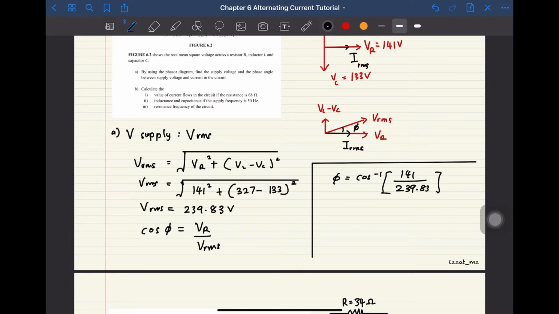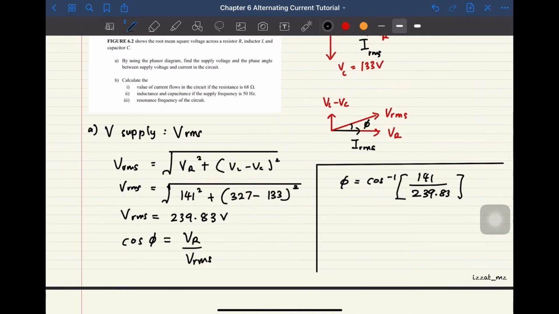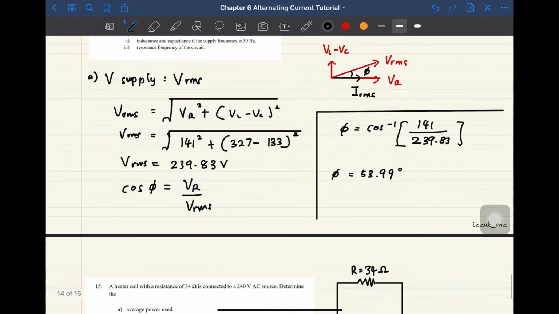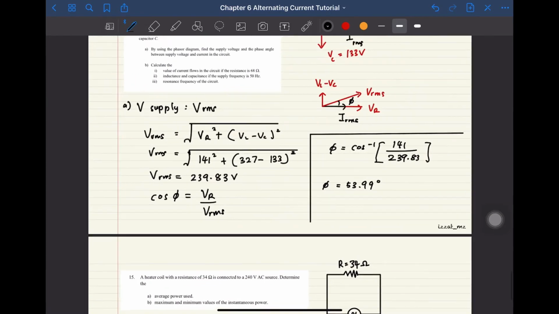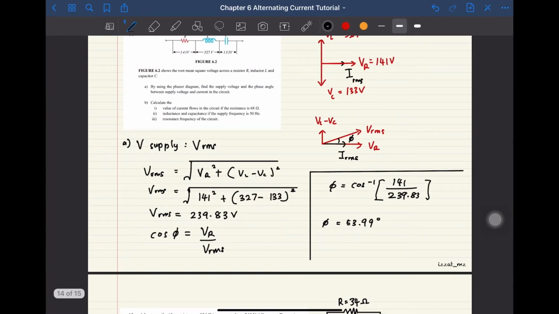Obviously, you can approach this problem with different methods, but this is the method that I use. I think it's quite simple. So here I got 53.99. Don't forget to write the unit there. If radian, you just use radian. But this time my calculator is in degree, so the final answer will be in degree.